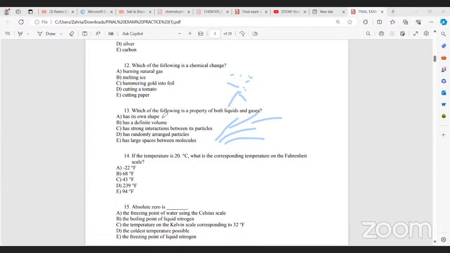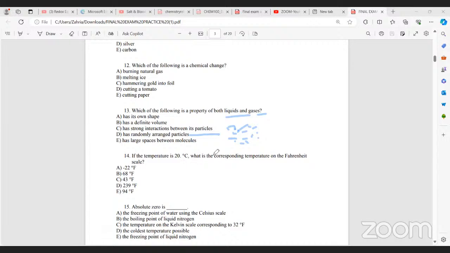We can't say that they have their own shape because they do not. Liquids take the shape of the container, but gases get dispersed throughout. Gases do not have a definite volume, nor do liquids. So when you think about what you know about liquids and gases, just remember that they are randomly arranged particles, okay? They have their own mind. They go any which way they want.